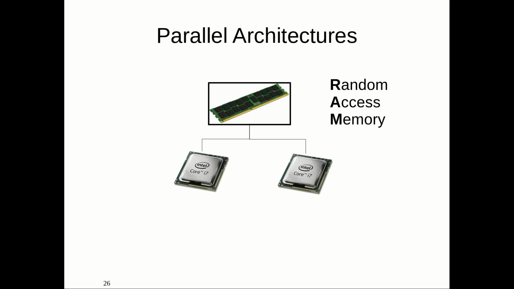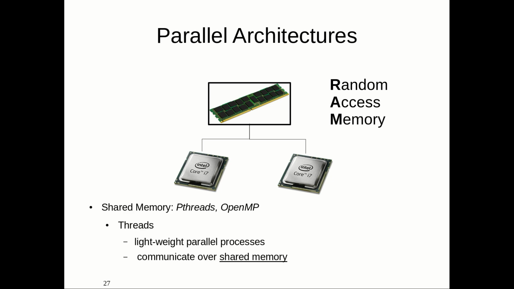So both are connected to the RAM. And the typical paradigms for shared memory programming are either pthreads or OpenMP. You may think of threads as lightweight parallel processes that communicate over shared memory.